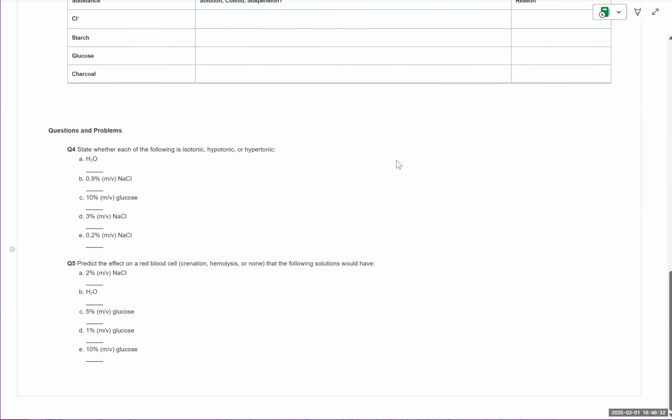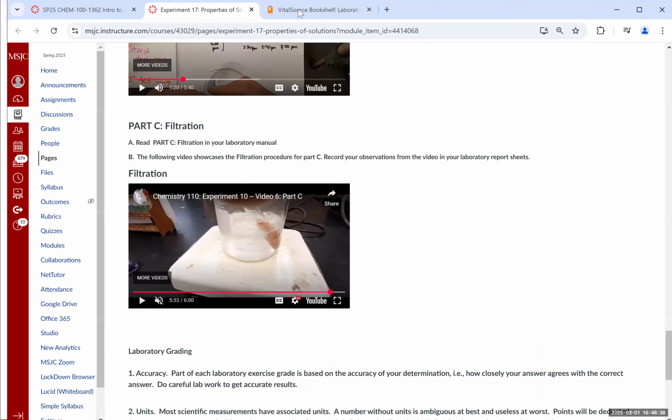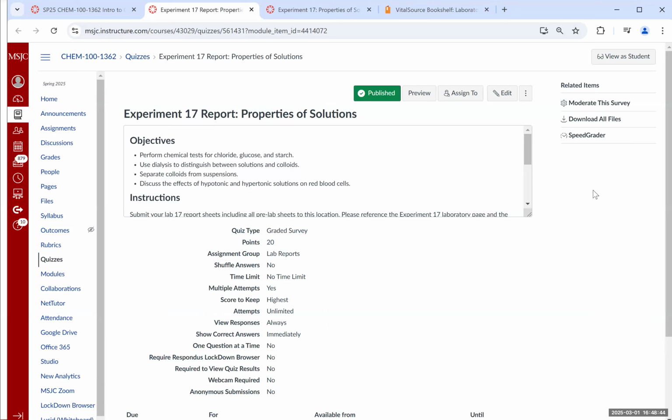Of course, you will answer all of the remaining lab questions, and then you will submit the entirety of your report sheets to the Experiment 17 report submission page. This concludes our lab run-through for Experiment 17 in CHEM 100.